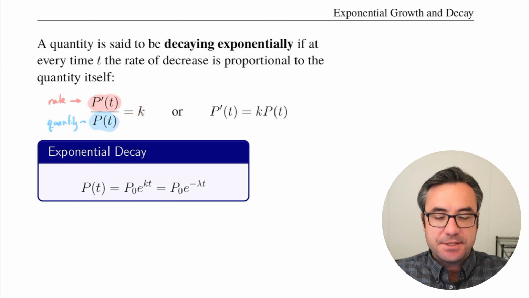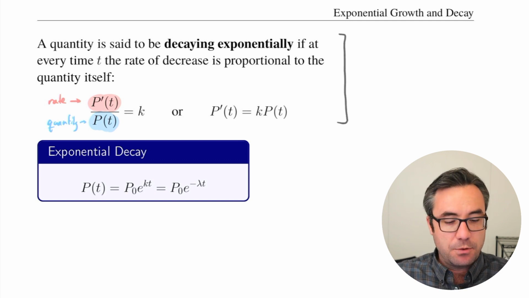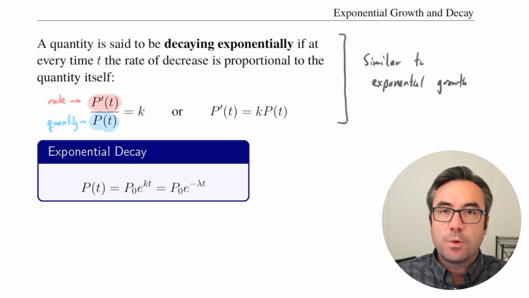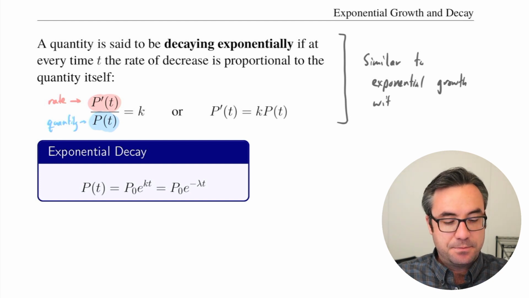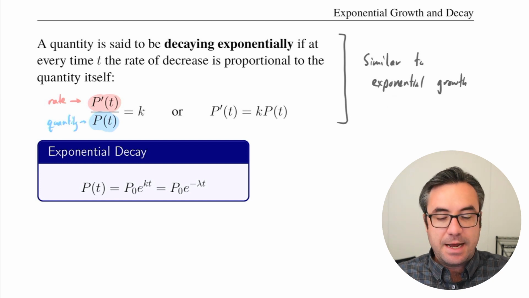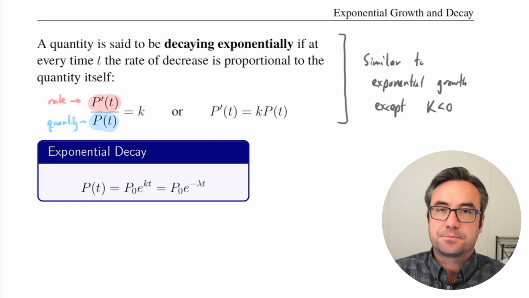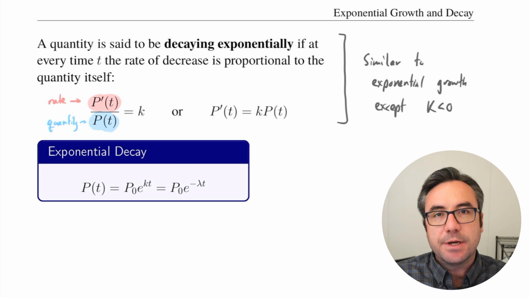This is basically the same definition that we saw with exponential growth, with one exception, and that is that the proportionality constant k is going to be negative here, and that's because we're decreasing.